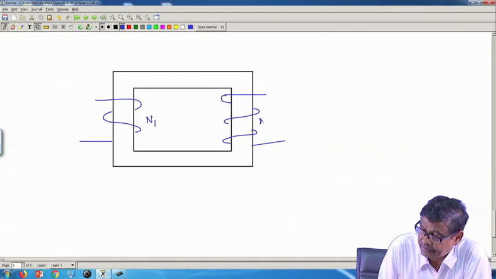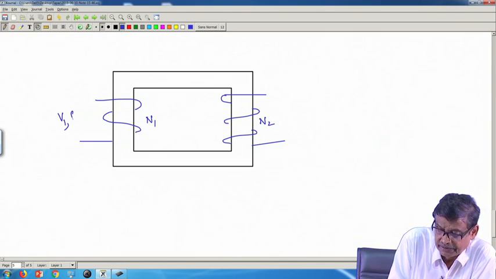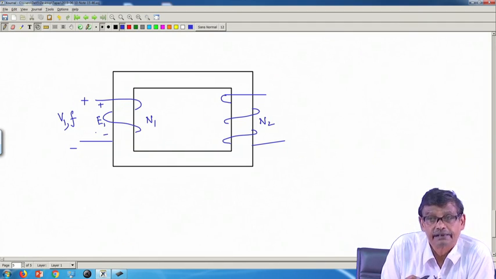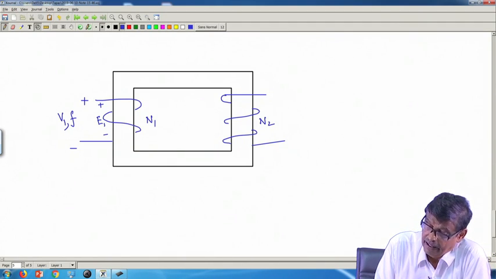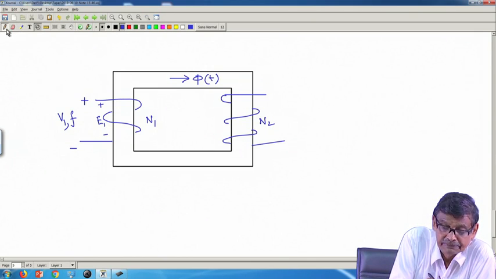with N2 turns. You have applied V1 RMS voltage of frequency f, with this plus and this minus. E1 has appeared here, it will have polarity like this. Here also I applied Lenz's law, and the flux in the core is phi t.